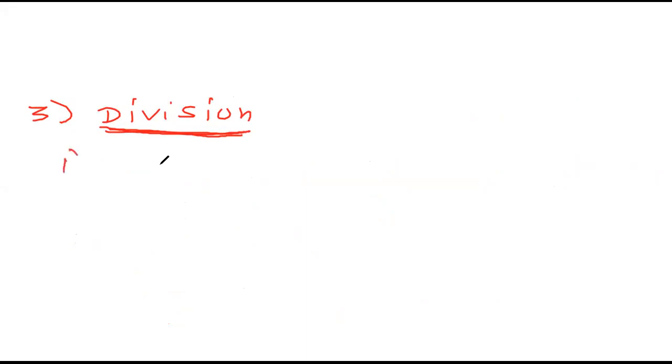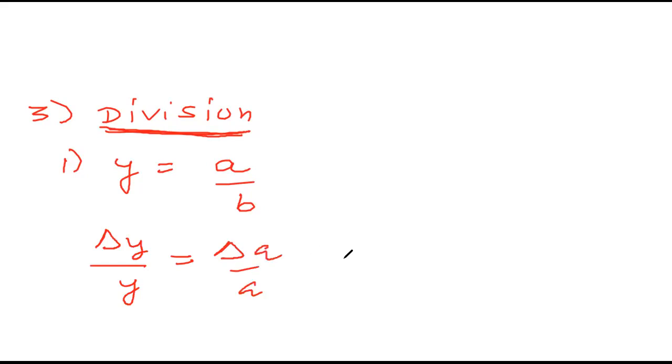If it is division, like y equal to a upon b, no change whether it is multiplication or division, error formula will be found by same method. This is delta a upon a plus delta b upon b. So whether it is division, whether it is multiplication, this error part will remain same. You have to add the relative errors.